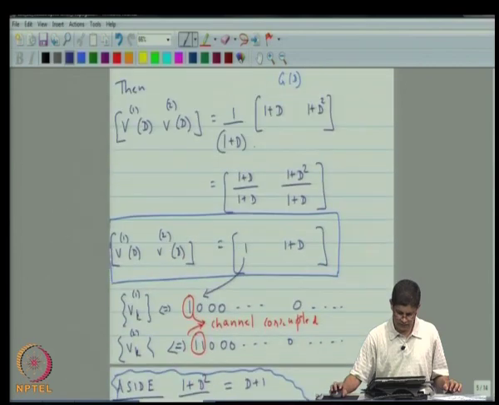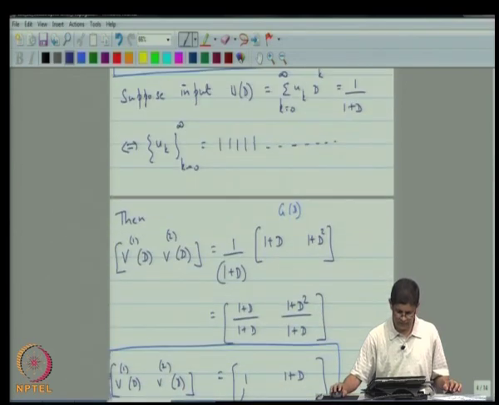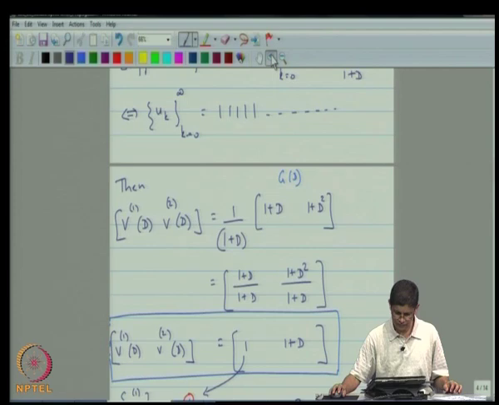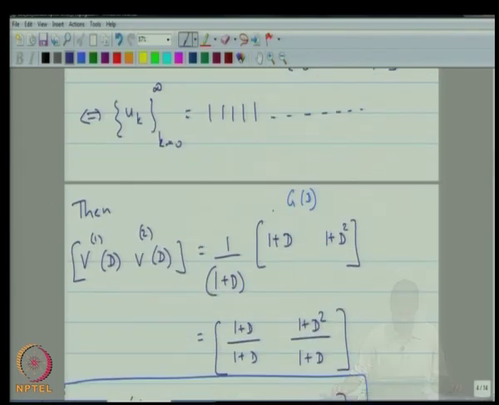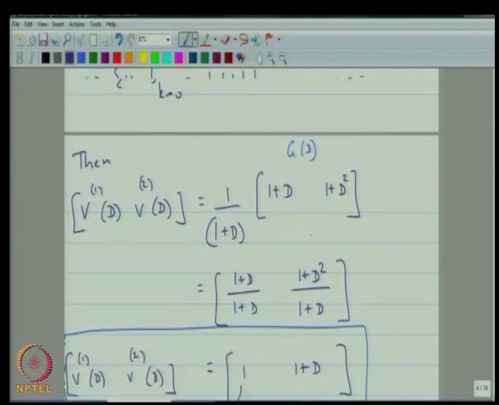So, the way this proof actually works, let me zoom out here, the equation to look at in trying to understand this is perhaps this one. Now, this was a particular example where the GCD was 1 plus d and the input was 1 upon 1 plus d. The general case is very similar.